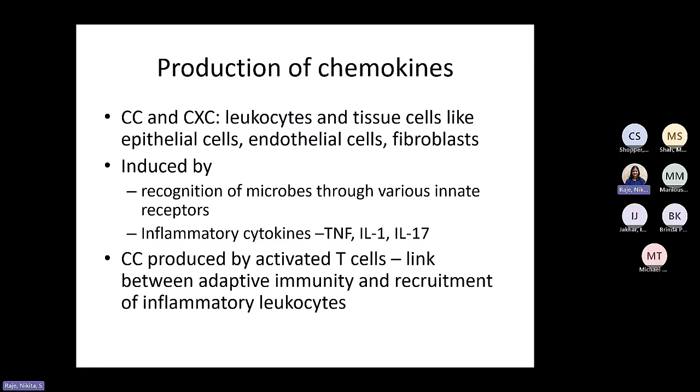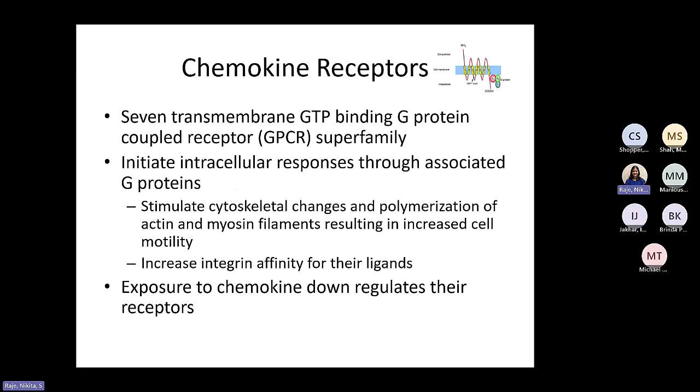There are further details of some of these chemokines where they are structurally different and how that affects their function, such as the ELR motif. So basically a structure right before CC chemokine could mean that they are meant for recruitment of neutrophils. These chemokines bind to their receptors that are called chemokine receptors.